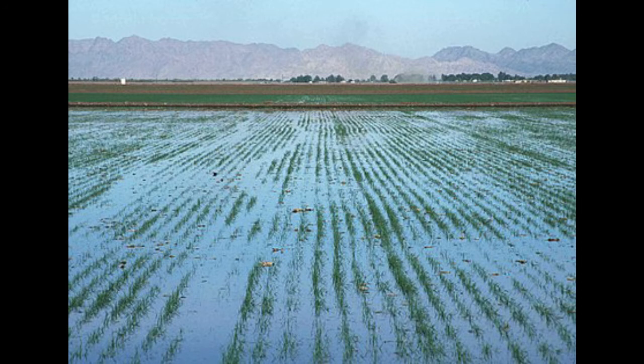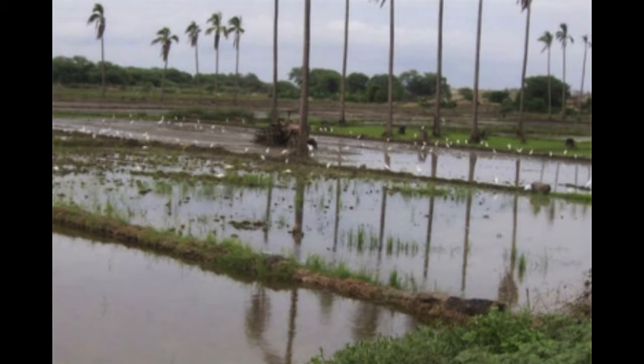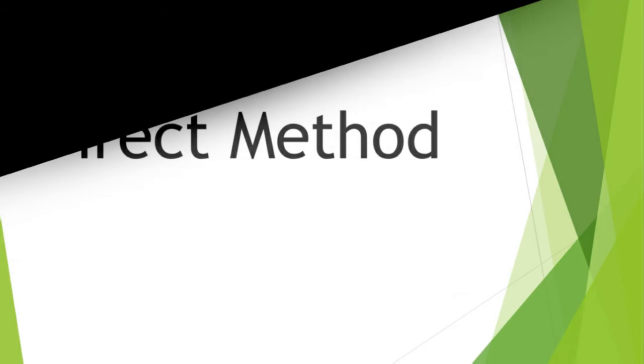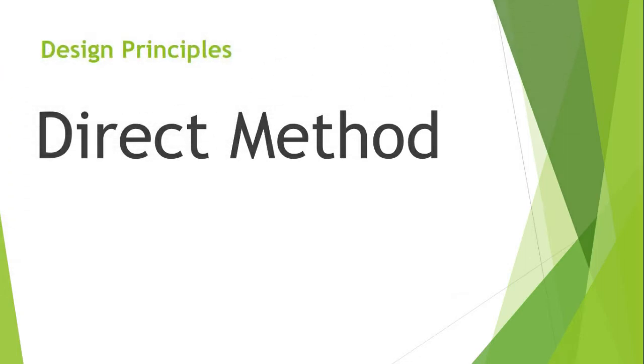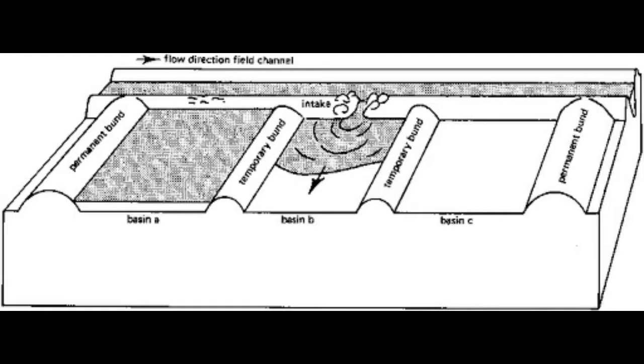There are two methods to supply irrigation water to basins. First is the direct method and the second is the cascade method. In the direct method, irrigation water is led directly from the field channel into the basin. It can be through siphons, in pipes, or band breaks.